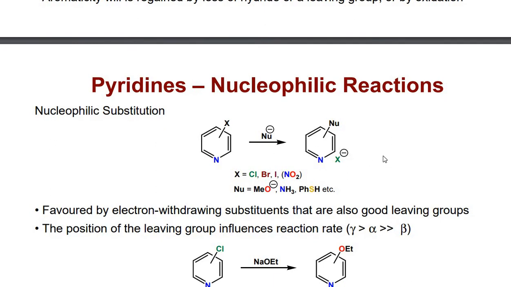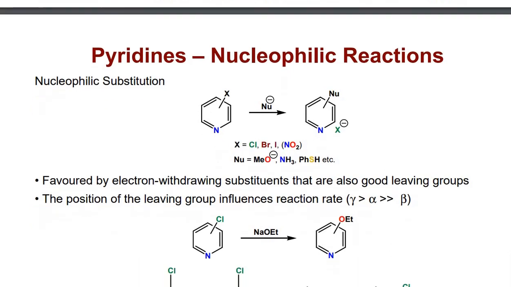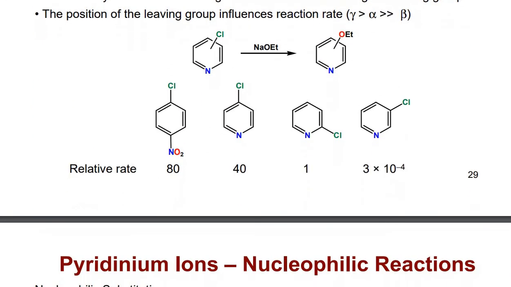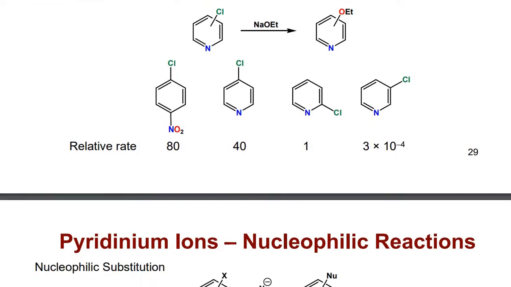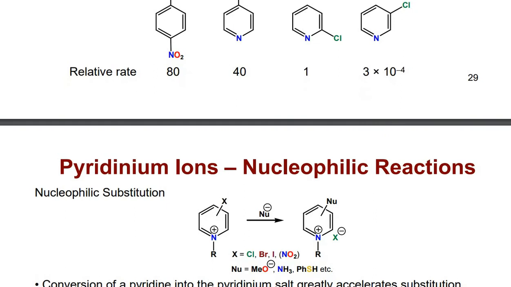You can see the pyridine nucleophilic reactions are favored by electron withdrawing substituents that are also good leaving groups. The position of the leaving group influences the reaction rate: gamma greater than alpha greater than beta. So for the relative rates, you can see 4-chloropyridine, 2-chloropyridine, and 3-chloropyridine at 3 × 10^-4.